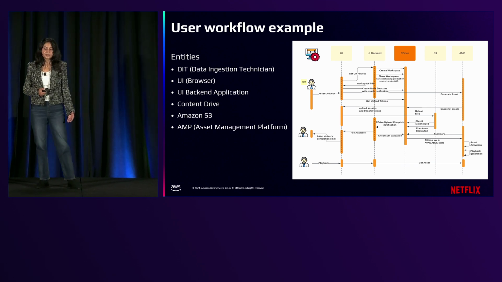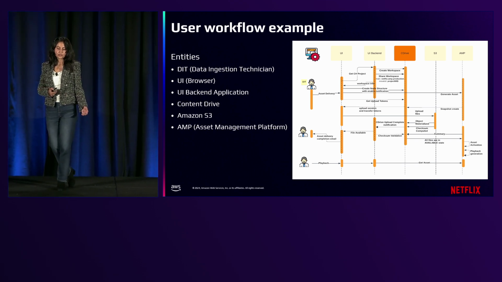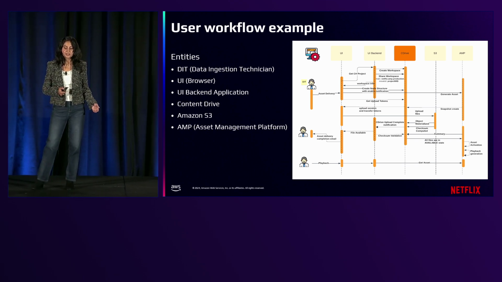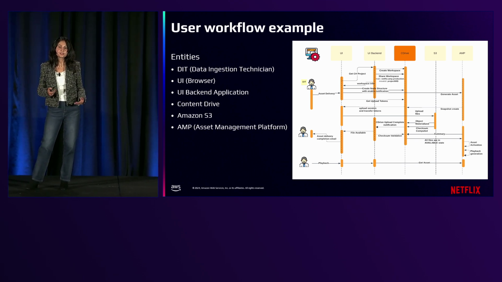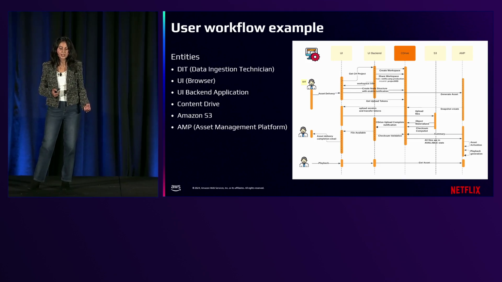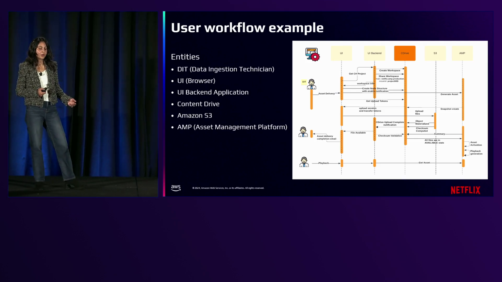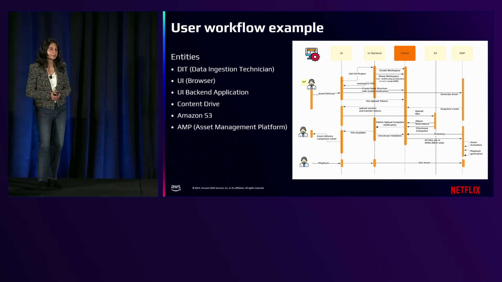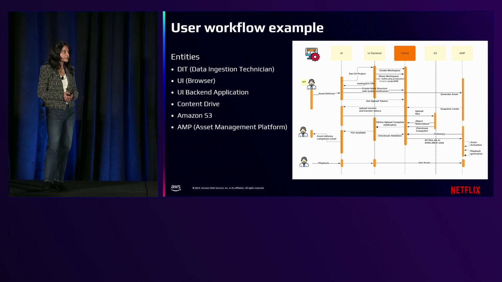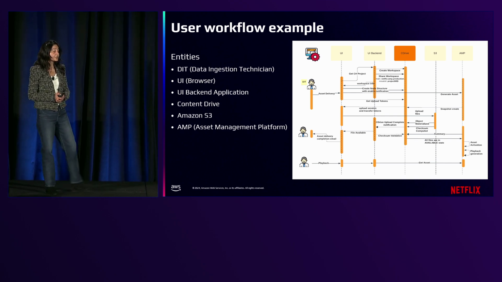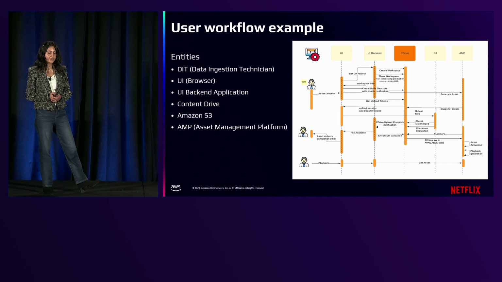So what happens when the artist opens his workstation to view his workspace? This results in getting their personal or user workspace based on user credentials from Content Drive. When the artist drags and drops the files and folders from the local workstation into the workspace UI, this results in the following steps: creating the directory structure in Content Drive, then creating the transfer tracking session in Content Drive.